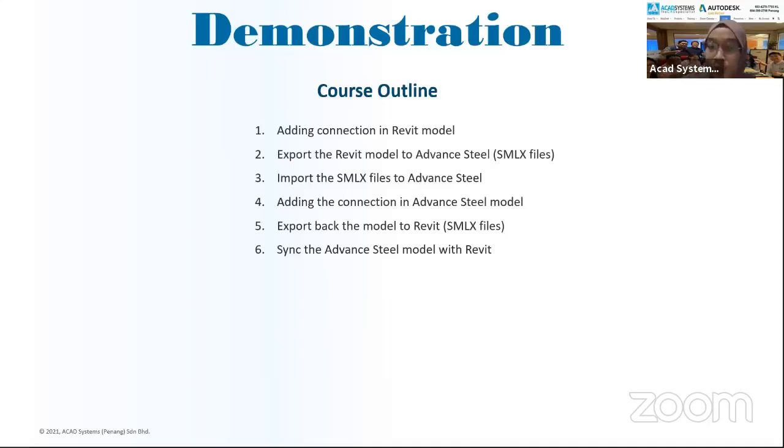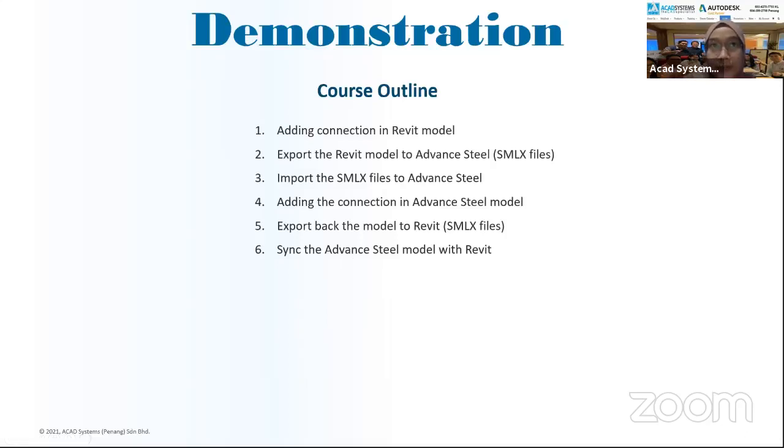Then we're going to export back the model to Revit using the same version, which is SMLX files. The last thing we will do is synchronize the Advanced Steel model with Revit.